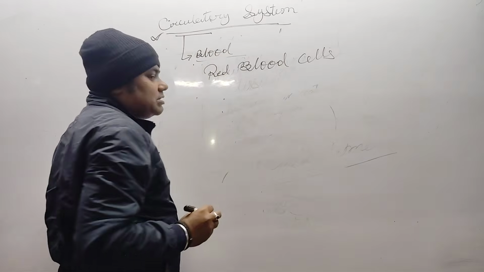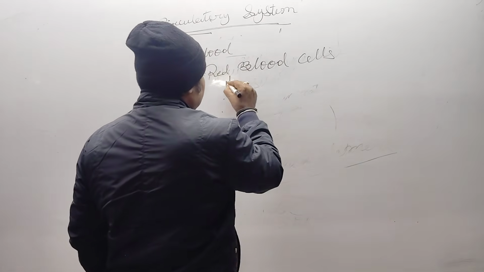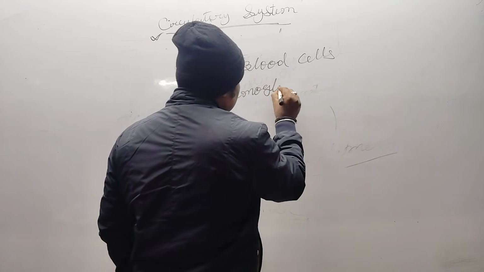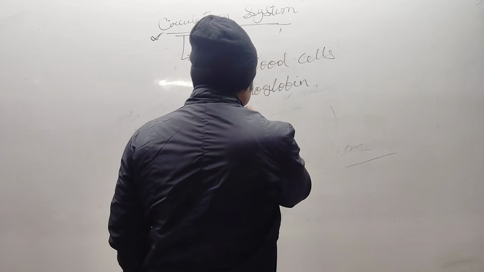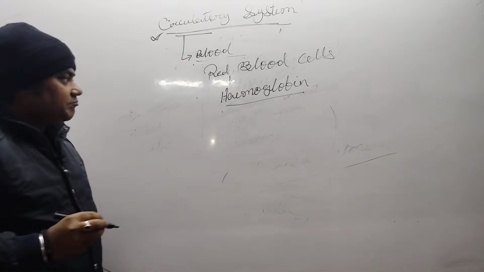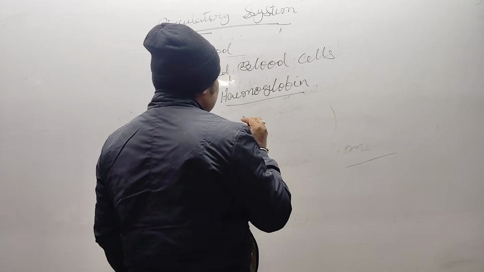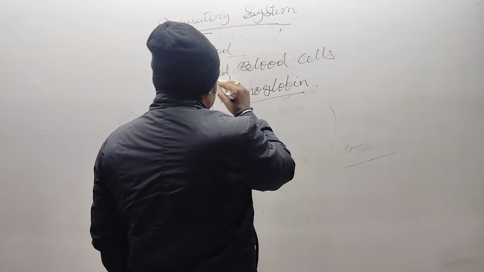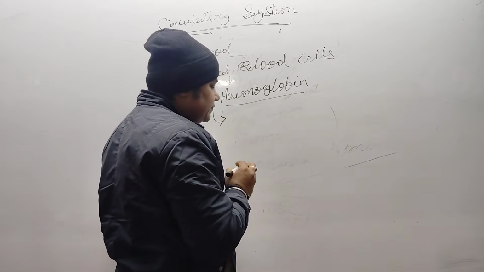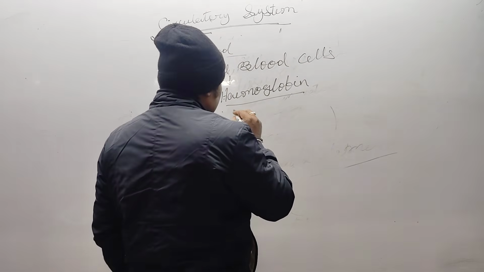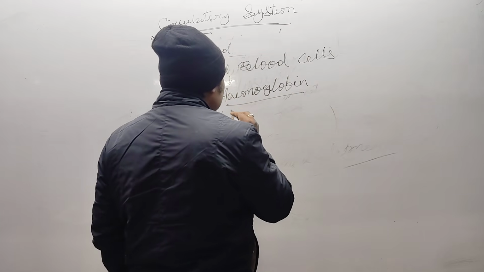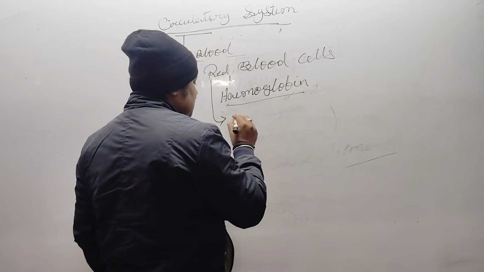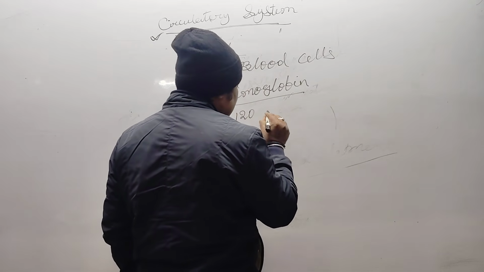Red blood cells have their red color due to the presence of hemoglobin. They have a certain lifespan. Red blood cells are made of a complex form of hemoglobin, so they are also known as erythrocytes, and the entire lifespan is about 120 days.